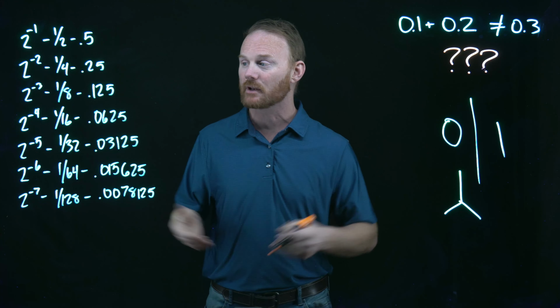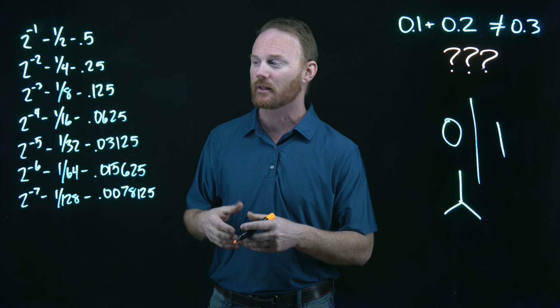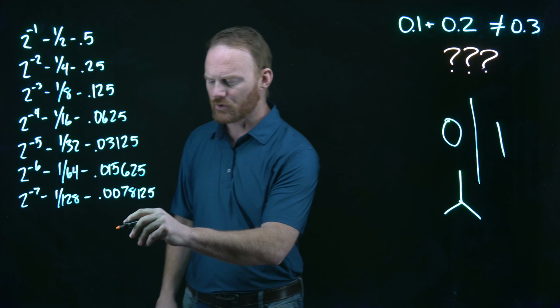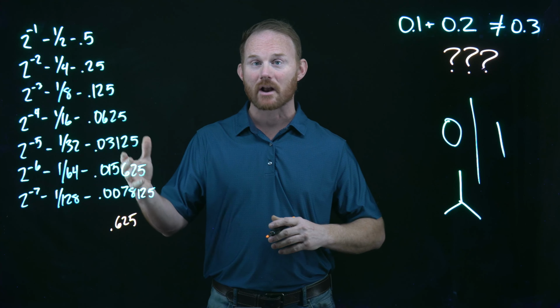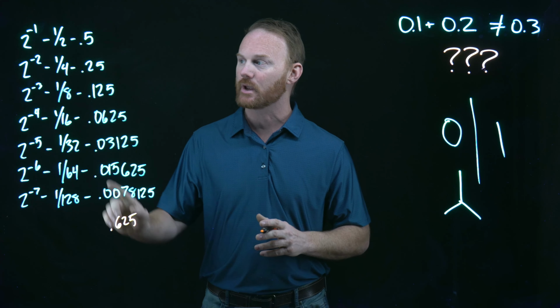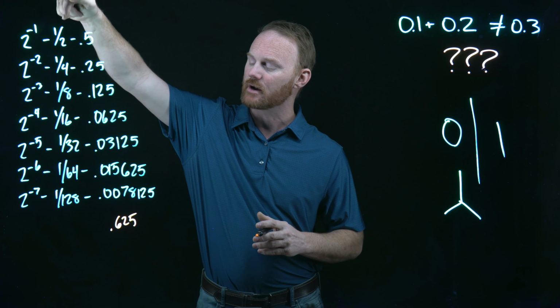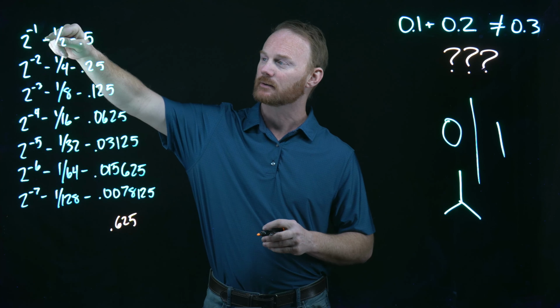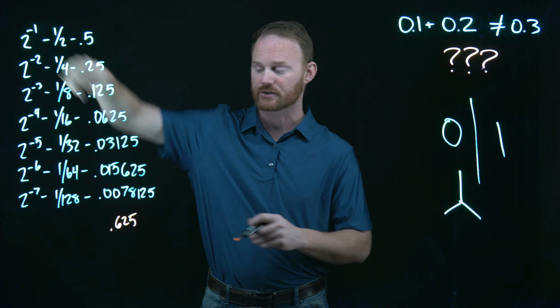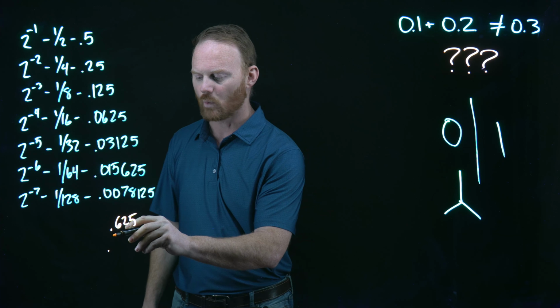Let's actually do one more before we do the hard one here. If we wanted to represent the number 0.625, how do we go about it? Well, we go from the top down and look for the first number that's not too big for 0.625. This isn't too big. We can use this first number. So we'll have 0.1.